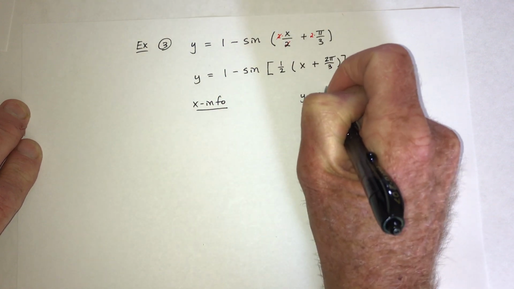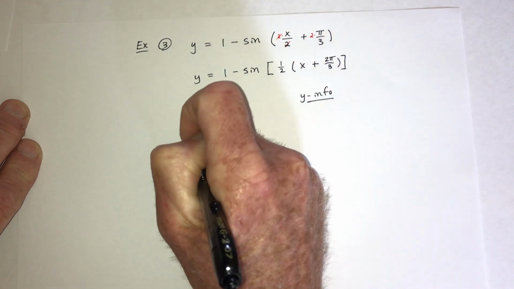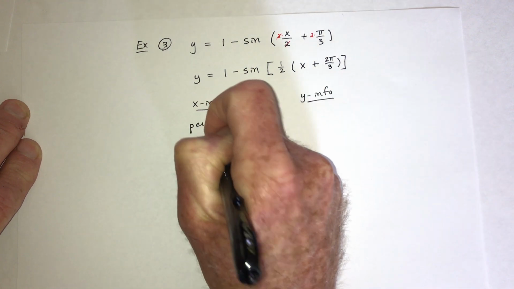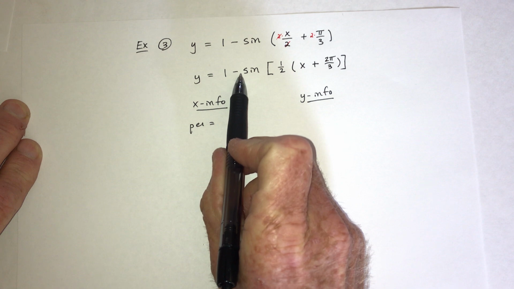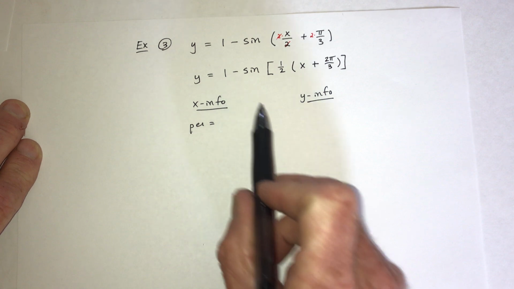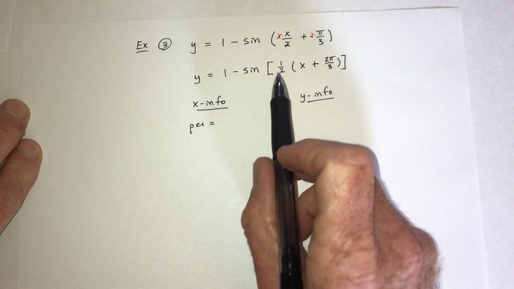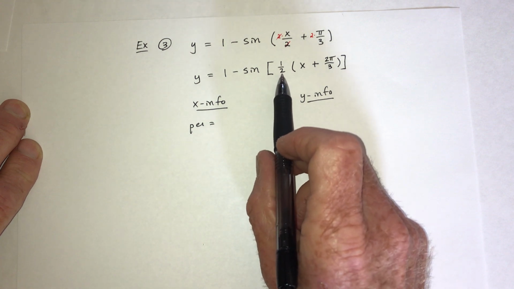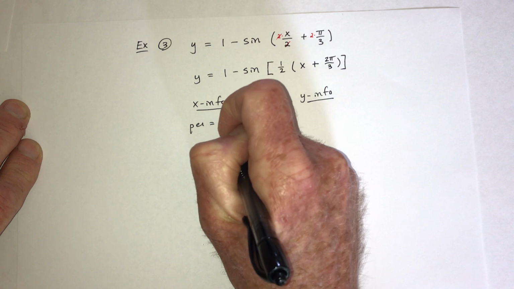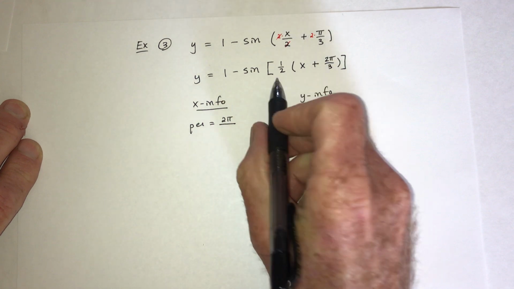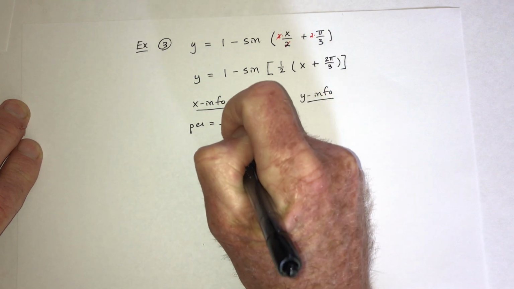Here's the y information. First of all, the period. So whatever number's in front, you take the absolute value, and that's going to be, oh, sorry, I was thinking of the y. Hold on. Sorry. So the period is going to be, first of all, 2 pi, and then divided by this number. So divided by a 1/2.